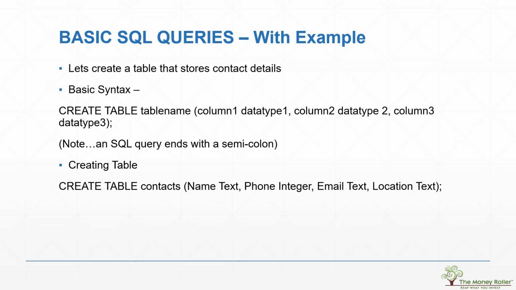And we have column 4 also, as you can have as many columns in a table. So column 4 data type 4 is location and text. Note that an SQL query always ends with a semicolon. So now this is your basic syntax for creating a table.